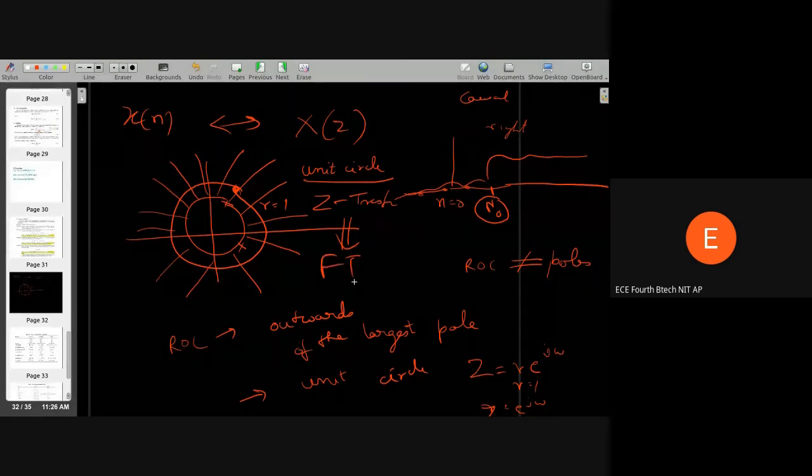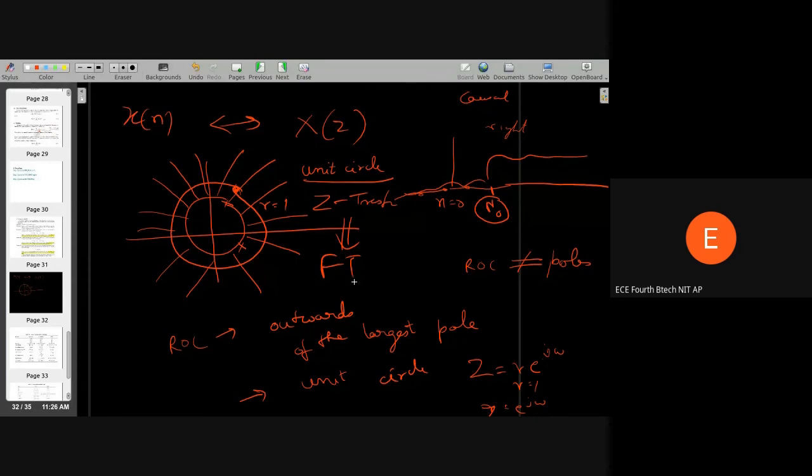In other words, your Fourier transform is guaranteed to exist. Your Fourier transform exists if your signal is right-sided or causal and all your poles are inside the unit circle.